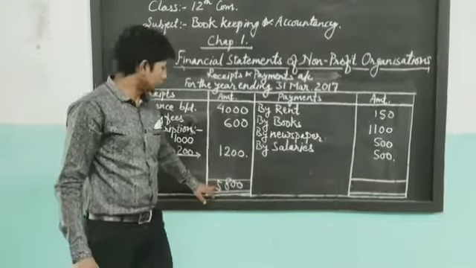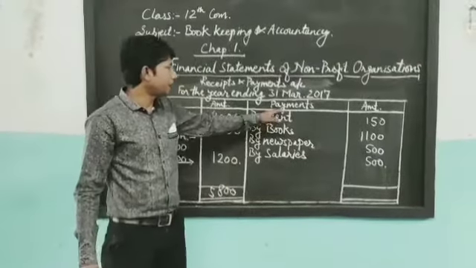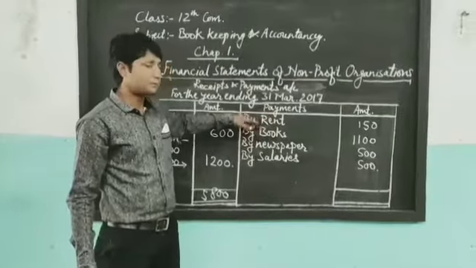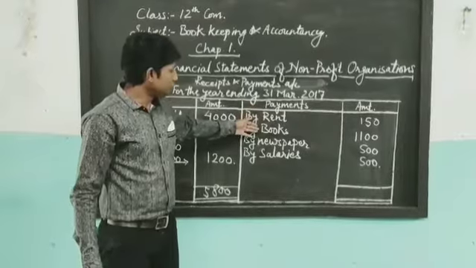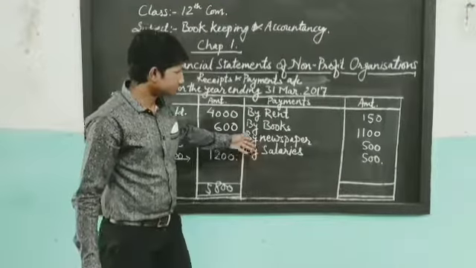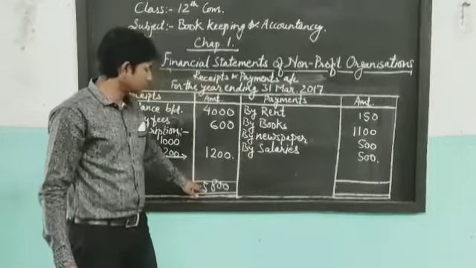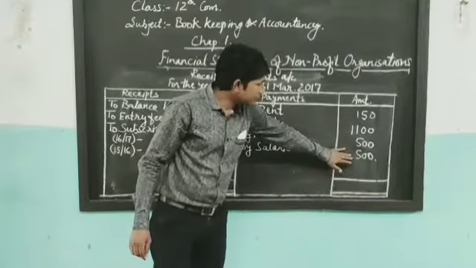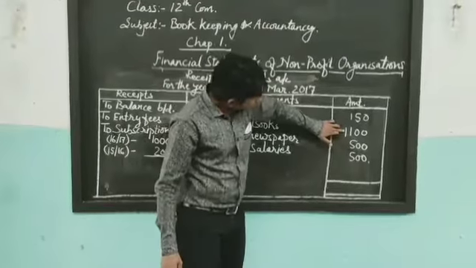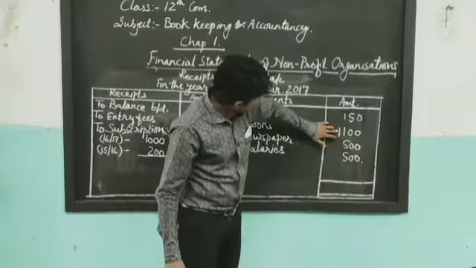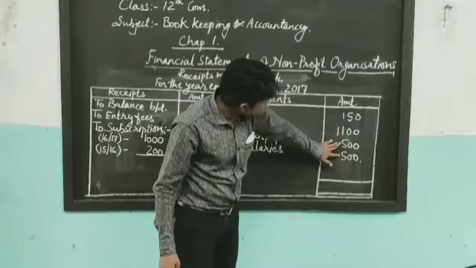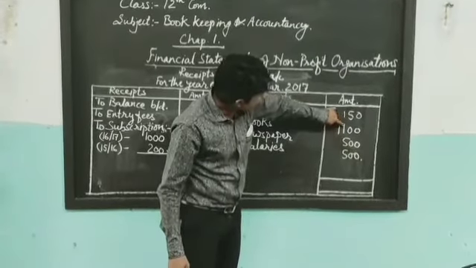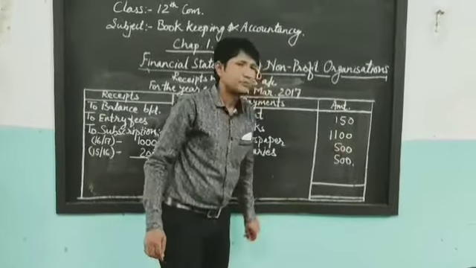From this total 5,800 we have paid the payments made. We have paid for rent, for books, for newspaper, for salaries. From the total of 5,800 we will subtract the total of payments, that is 2,000, 2,100, 2,250.